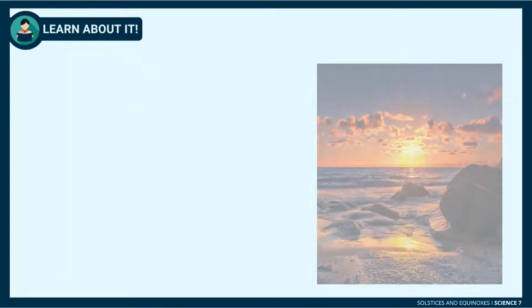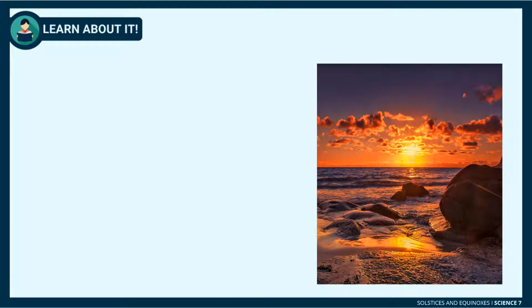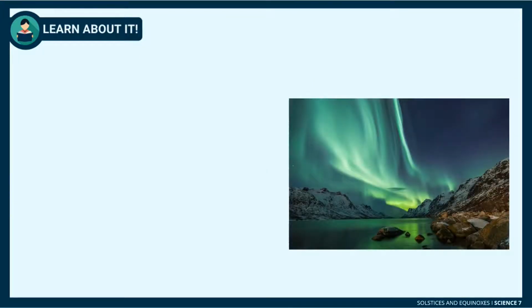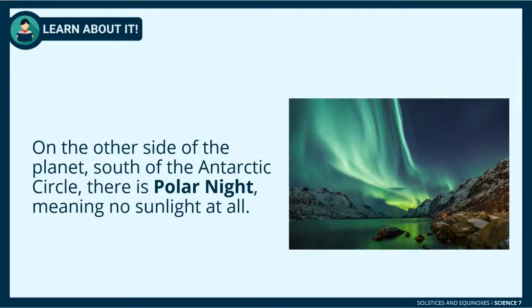The 0 hours of night that happens in the North Pole and Arctic Circle is commonly known as midnight sun, where the sun is visible above the horizon even at night throughout the period. While the South Pole and Antarctic Circle, with 0 hours of daylight during June solstice, experience polar night, where the sun is not present even in the daytime.